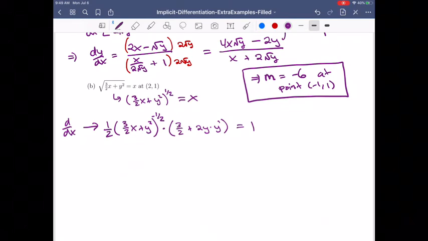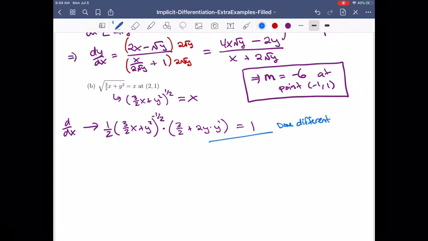Okay, now, at this point, we're actually done differentiating. So we took all the derivatives that we need to take. So we could plug in our values now. So it's x equals 2, y equals 1.